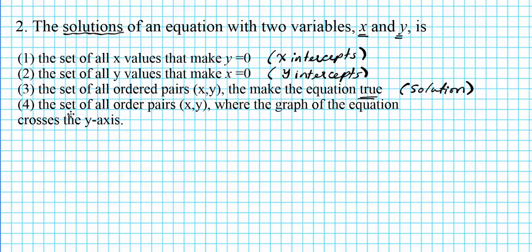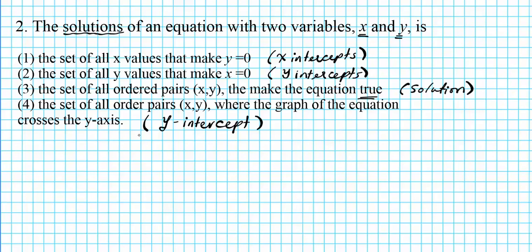This is always the solution to an equation in terms of x and y, okay? All right, option 4, set of all ordered pairs where the graph of the equation crosses the y-axis. What is that called? That is also called your y-intercept. Okay? Y-intercept, where the graph crosses the y-axis.